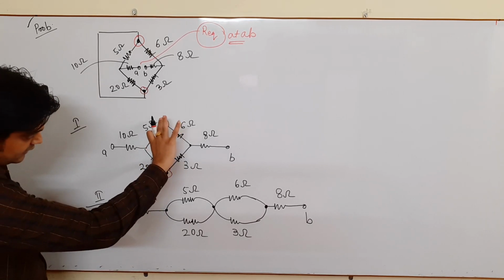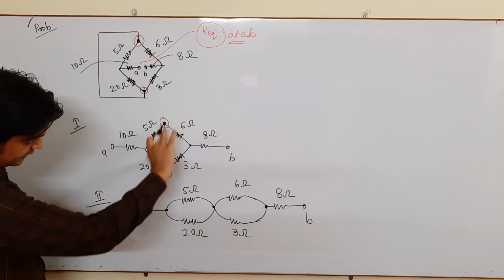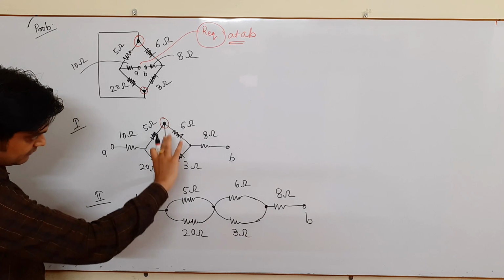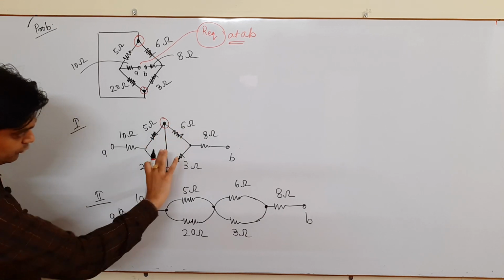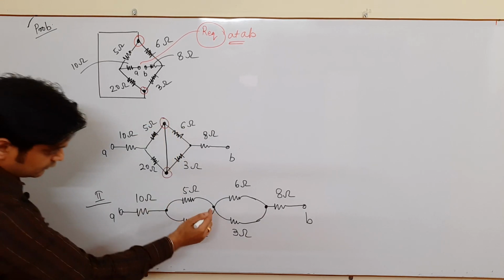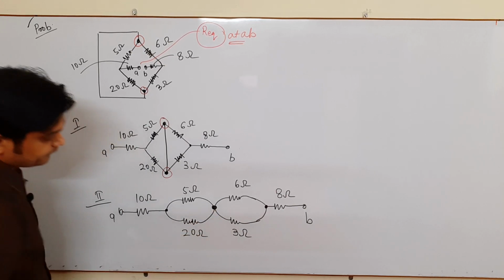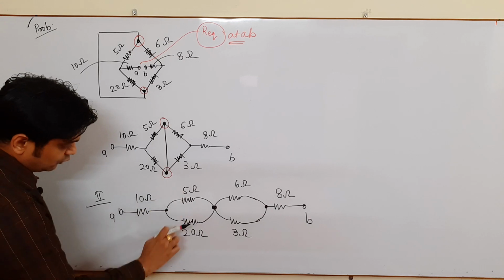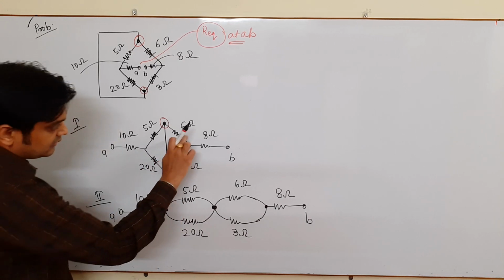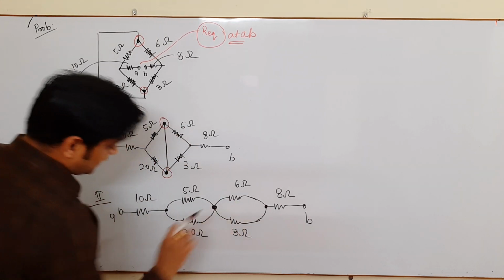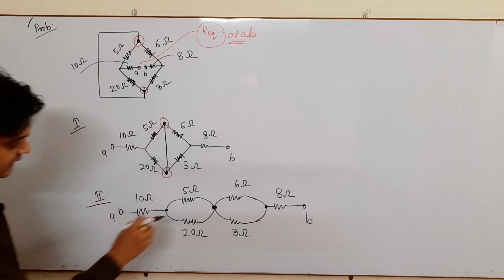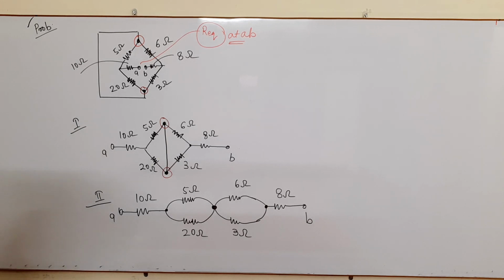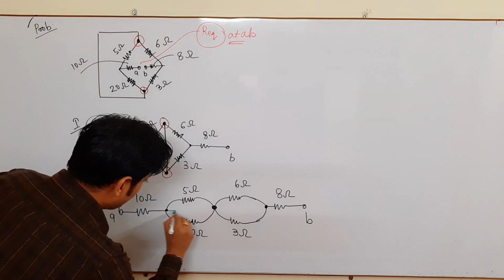See, again it can be connected because it is a node of common potential, simply connected by a branch, so I superimpose this node over this node. This is your next figure. Basically you can say this 5 ohm and 20 ohm resistance are in parallel, or this 6 and 3 ohm resistance are in parallel. One can easily find the parallel combination of these resistances and solve this problem.